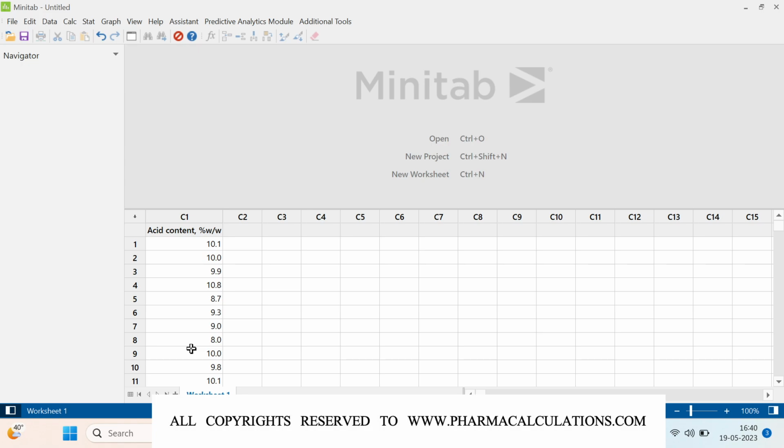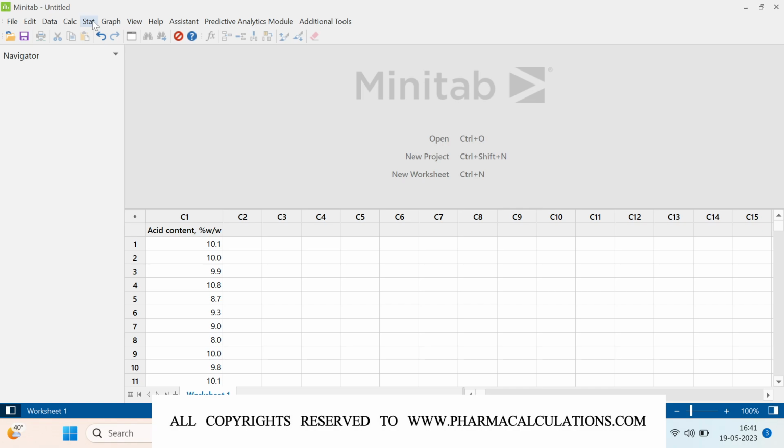Since I have collected one data point from a single batch, I'll be selecting an individual moving range chart. The reason is that the data is continuous, because it has units like percentage weight by weight. Also, I have collected only one data point from a single batch, which means the subgroup size is 1, or in other words this is individual data. So I'll be selecting the IMR chart.